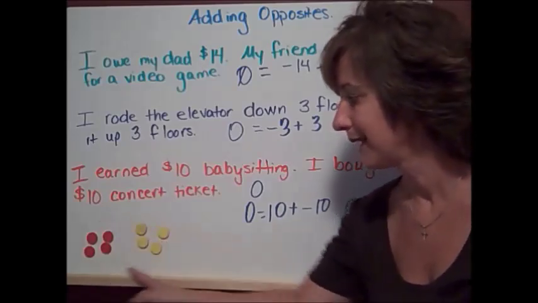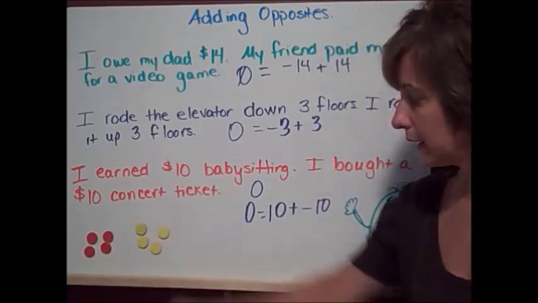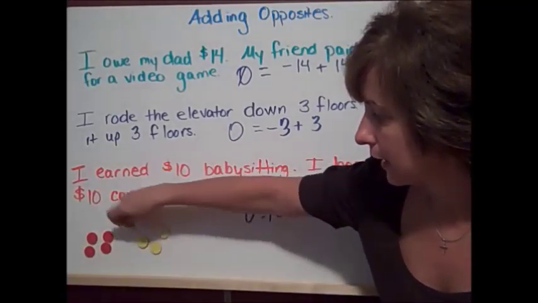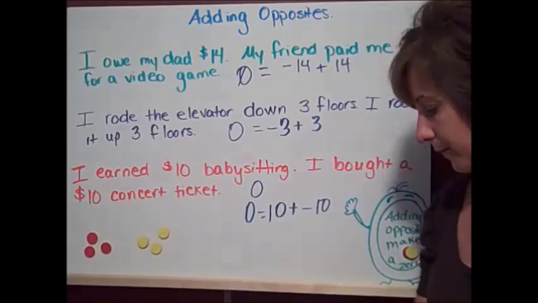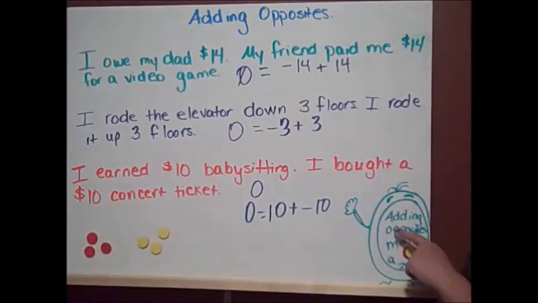This is what a set of zeros look like. So this and this together make 0. And you can see that reminder here. Adding opposites makes a 0.